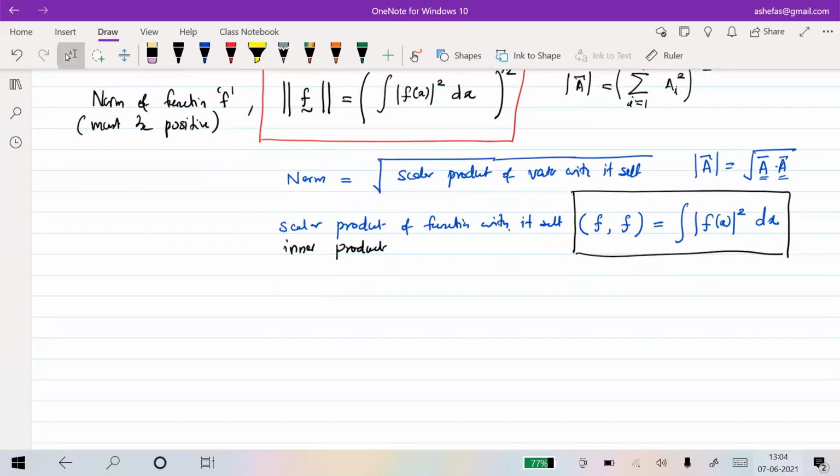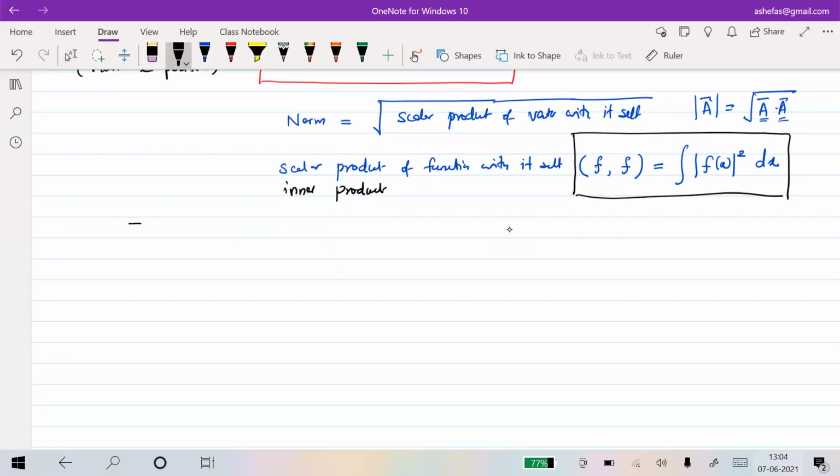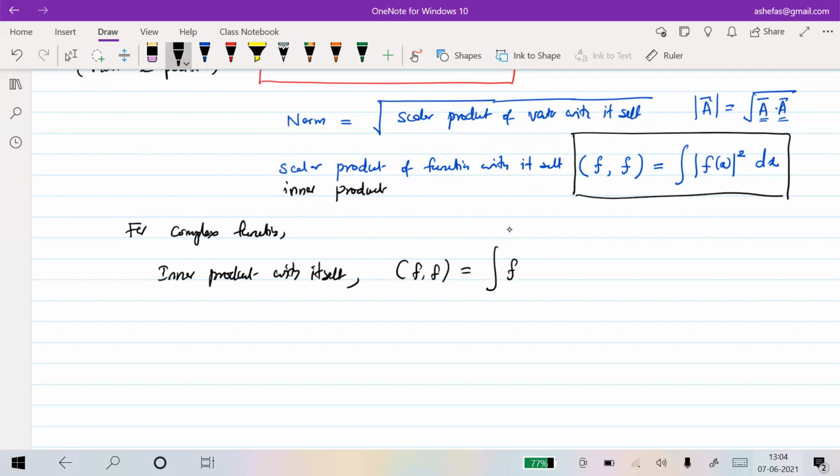Now suppose the function is not real, suppose the function is complex, then the same definition can be introduced for complex functions. The inner product f comma f is again the integral of mod f squared.